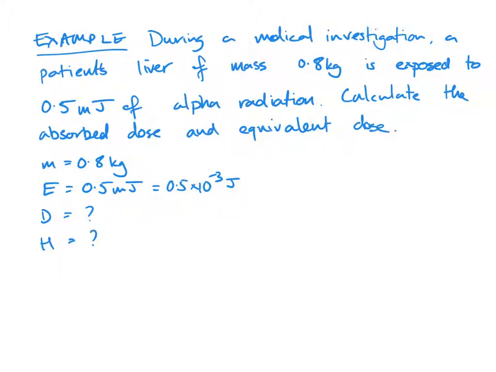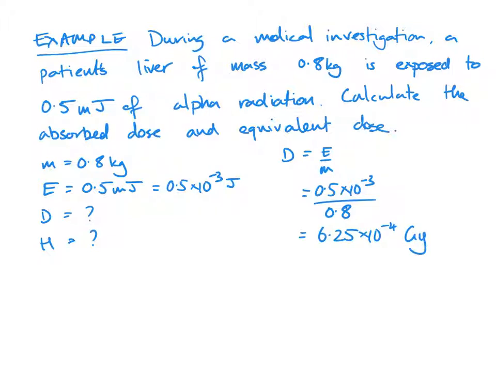So we've got two question marks here, D equals question mark, H equals question mark. So the first equation we'll use to get the absorbed dose, D equals E over M, 0.5 times 10 to the minus 3 divided by 0.8. Get your calculator out. And it's 6.25 times 10 to the minus 4, and the units of absorbed dose are grays.